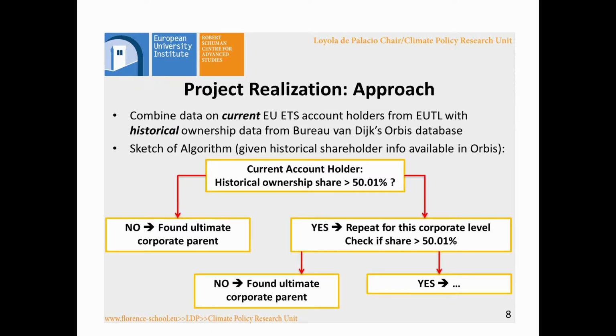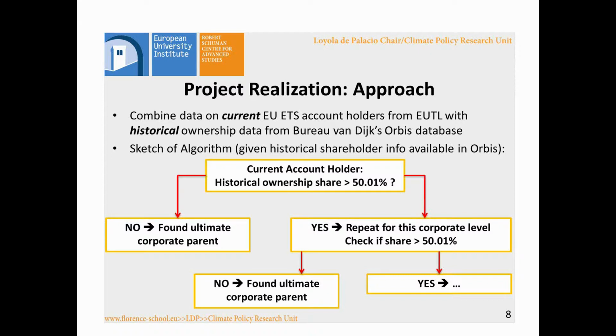Okay. So let me sketch out the approach that we took to construct the matching. What we did is we took information on the current holders of EU ETS accounts, which you can get from the EUTL. And the goal was to link these holders to historical parent companies.